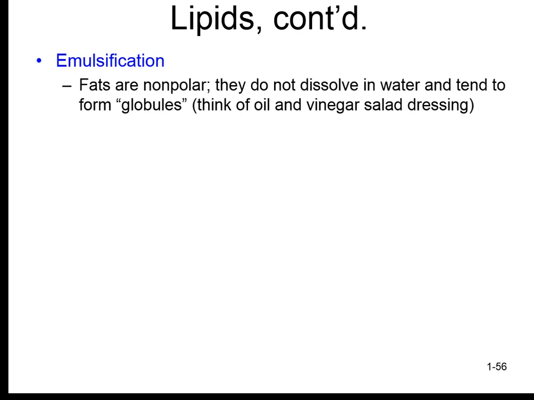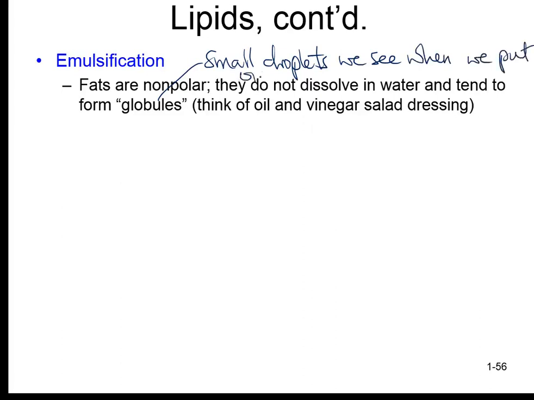These globules are like the small droplets we see when we put oil in water. So the oil is separated from each other, or drops of oil are separated from each other.